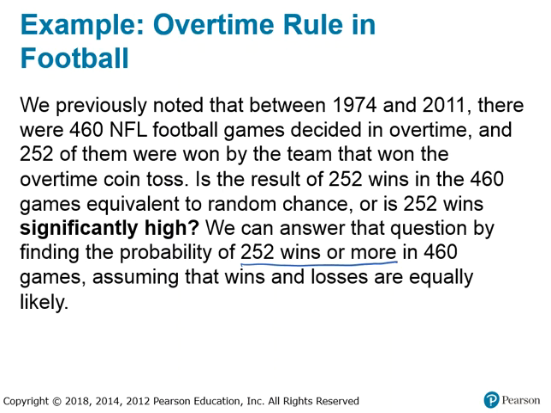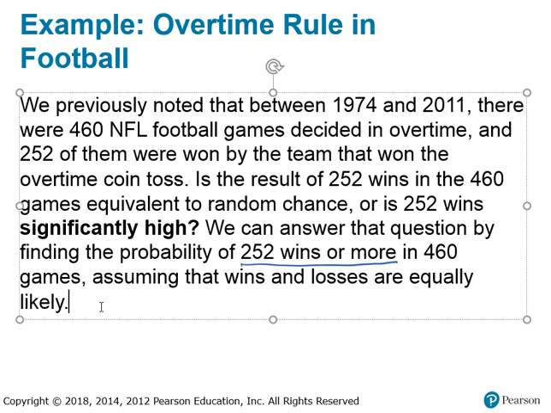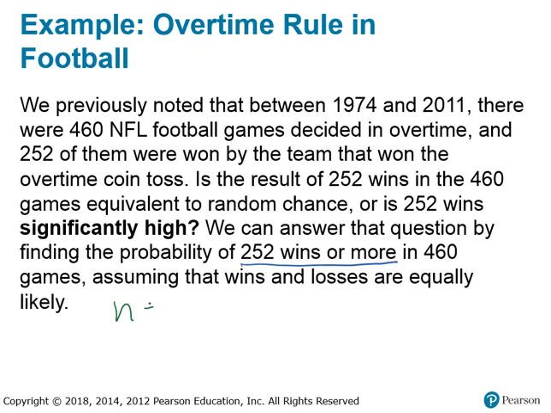So if we think about it, we could go ahead and define our letters. So our N is 460. Our P, I'm sorry, wait, I forgot our X. Now, let's go ahead and skip X for a minute.